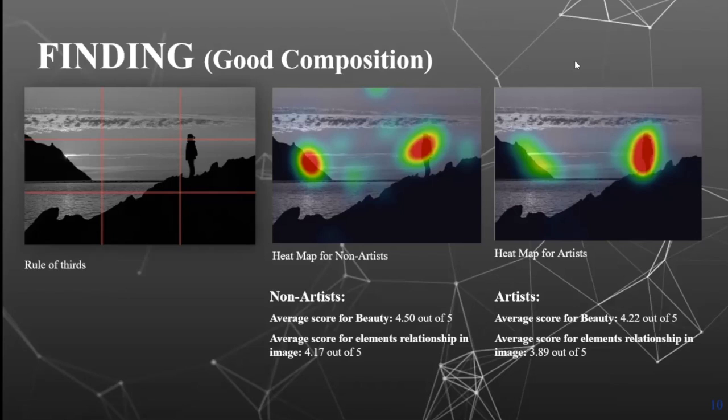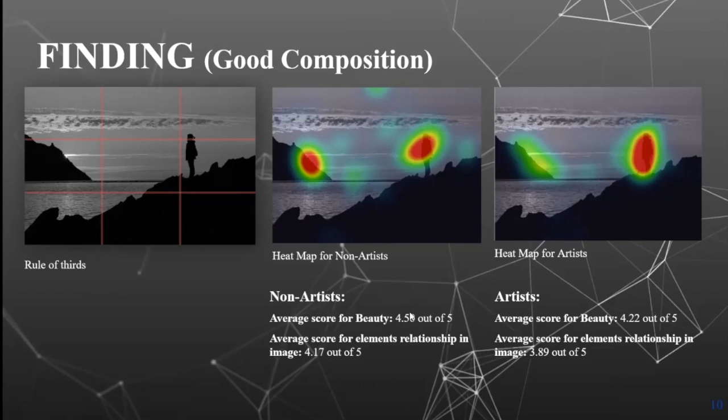So even though non-artistic people were not really aware of where to look, in their eyes this image is more beautiful compared to the artistic people. And as you can see, non-artistic people make more relations between elements in the image than artist people. So this is one of the examples that we found when looking at good composition images.